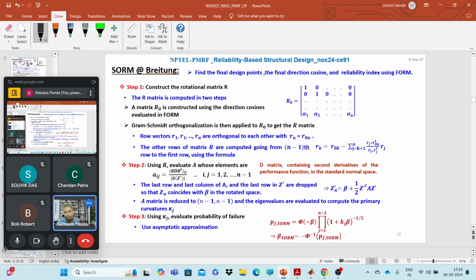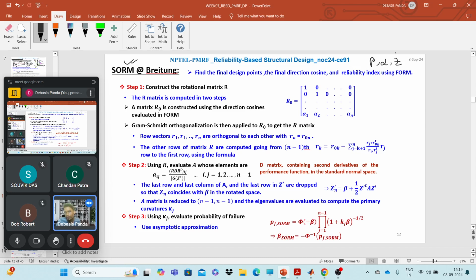So if we want to solve any problem using the second order reliability method using Breitung approximation, first what do we need to find out? First we need to find out the final beta, final alpha, and final z value using the first order reliability method, either Rackwitz or Rackwitz-Fiessler algorithm. We have already seen it.